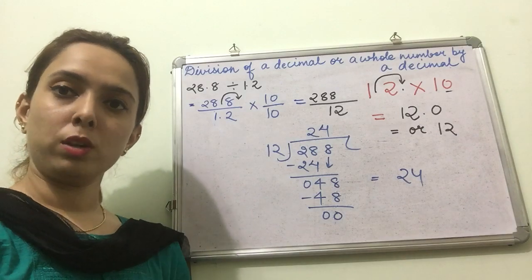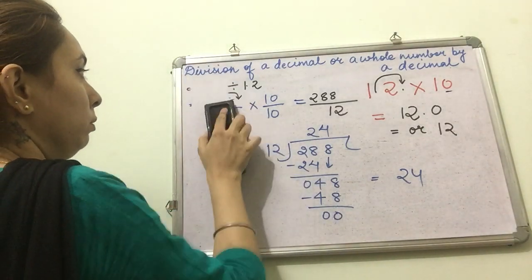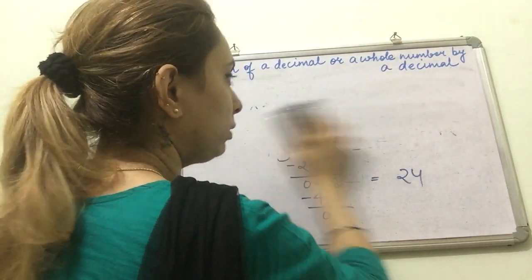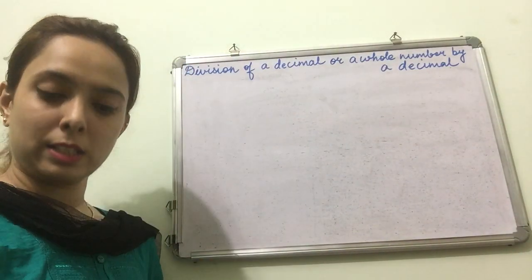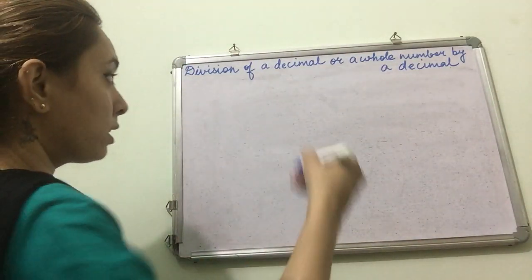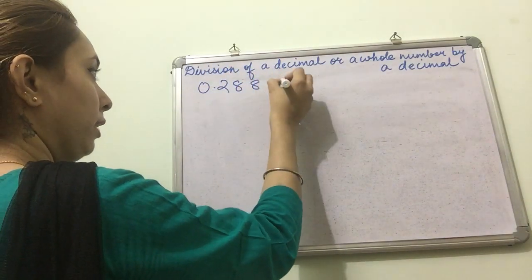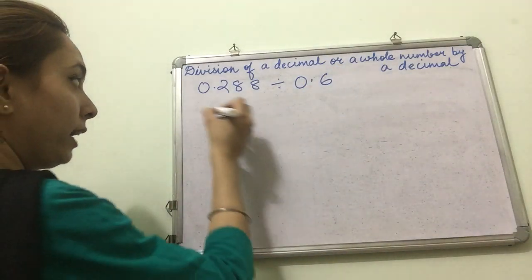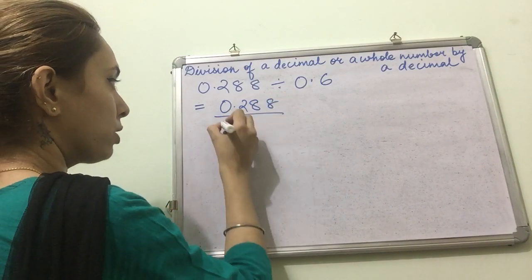I would like to explain one more sum from your exercise only. Let's solve the first sum. The first sum is 0.288 divided by 0.6. Again, write it down as a fraction.